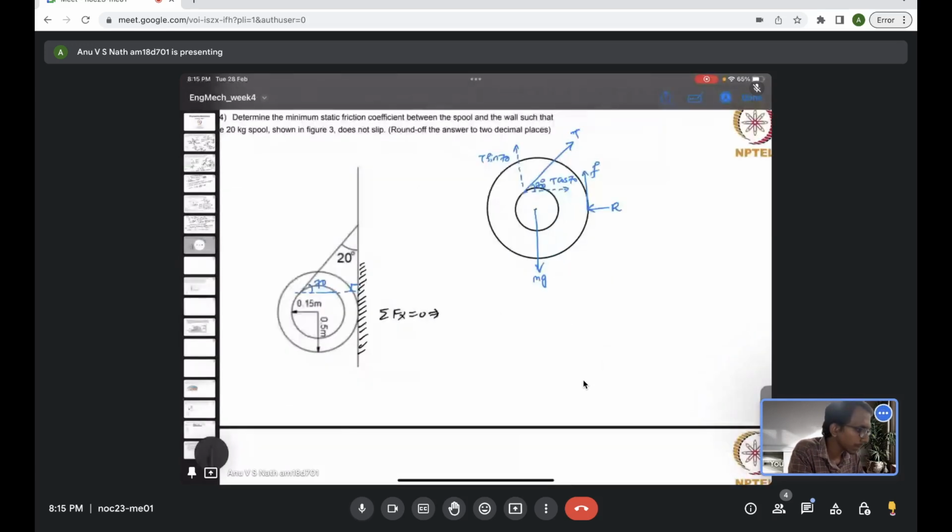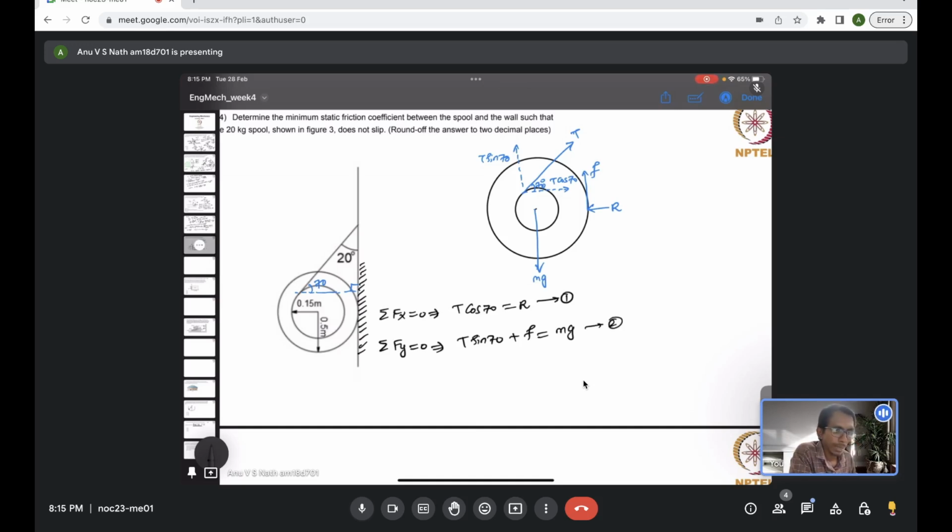That means T cos 70 should be balanced with the normal reaction R, which is the first equation. And the vertical force balance equation: T sin 70 and the friction force F should be balanced by the weight mg, which is equation 2.